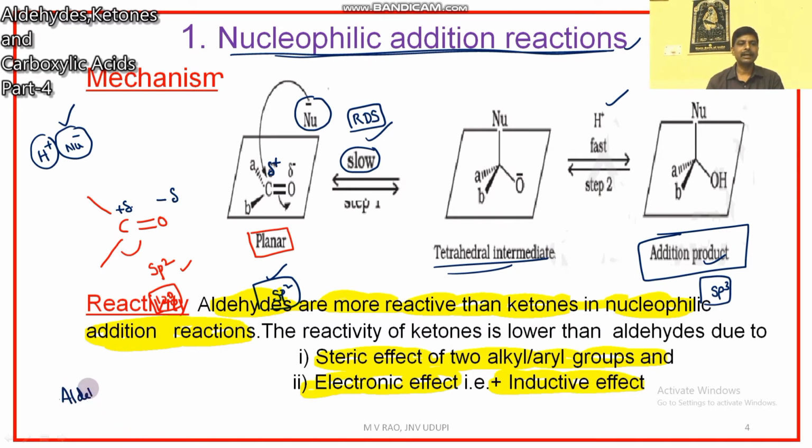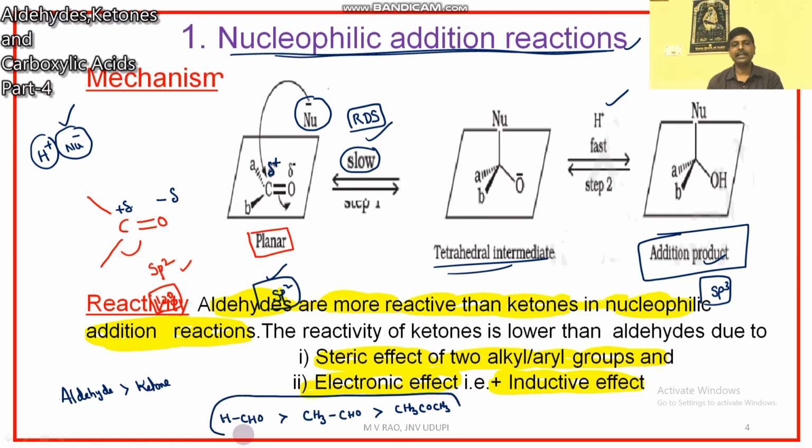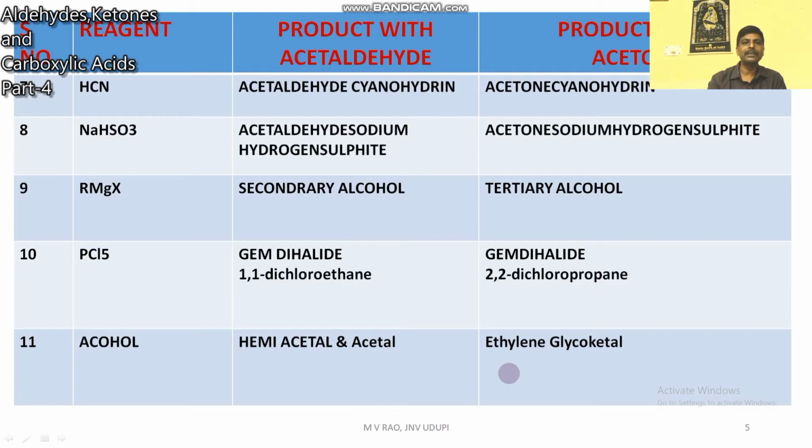Suppose you take HCHO, formaldehyde: it is more reactive than CH3CHO, which is more reactive than the ketone acetone, CH3COCH3, towards nucleophilic addition.